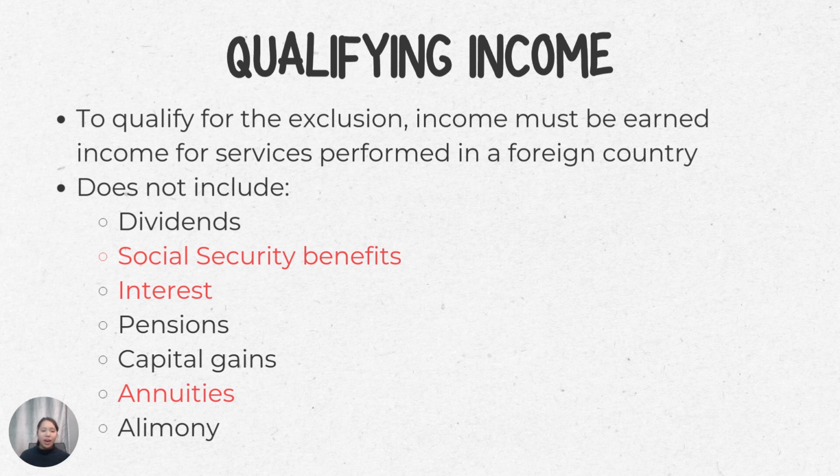And that's if they have qualifying income. And this is income that must be earned income for services performed in a foreign country. This is not passive income. This is earned income, meaning it does not include dividends, Social Security benefits, interest, pensions, capital gains, annuities, alimony, none of that. It needs to be earned income, meaning you are working for your wages.